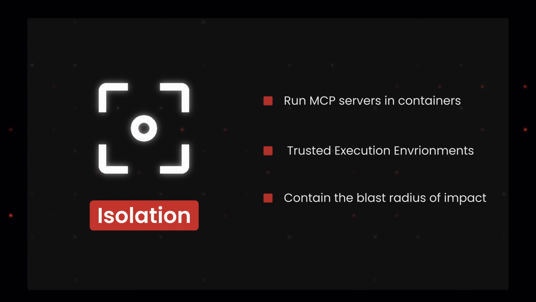Control 3 is isolation. Run MCP servers in containers. High sensitivity deployments should consider trusted execution environments. The goal is that if a server is compromised, the blast radius is contained. It cannot pivot into your host environment.